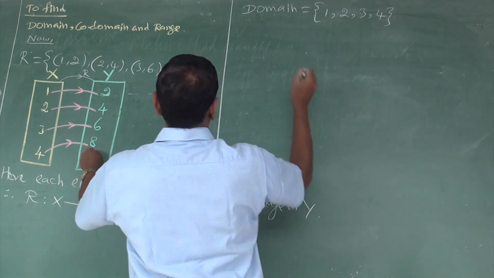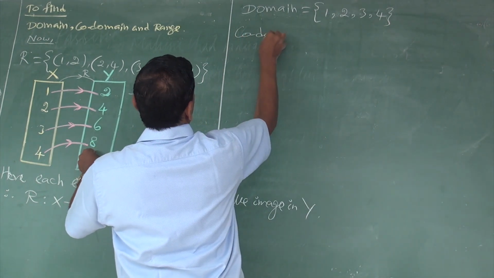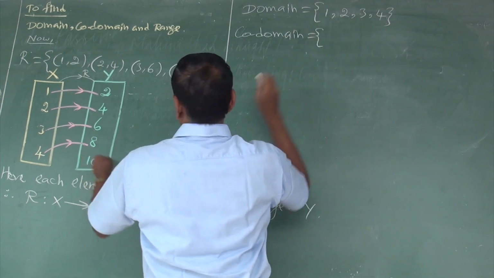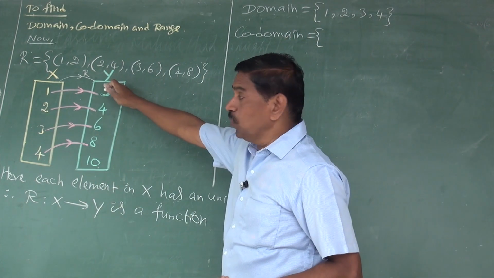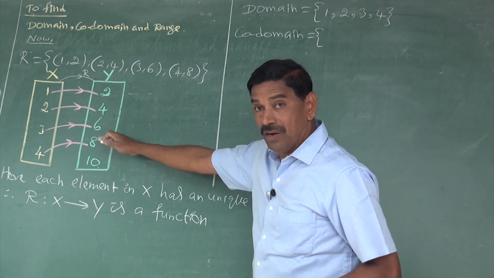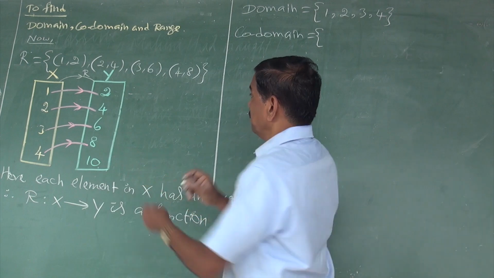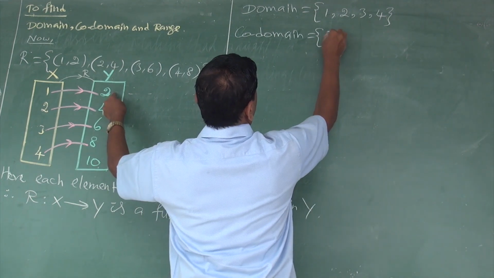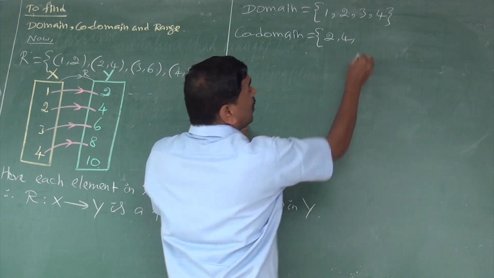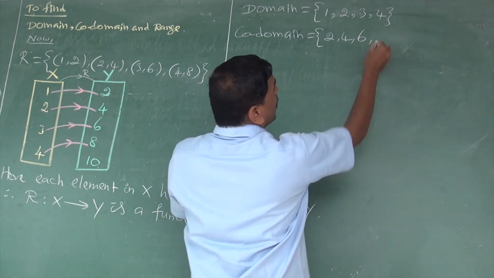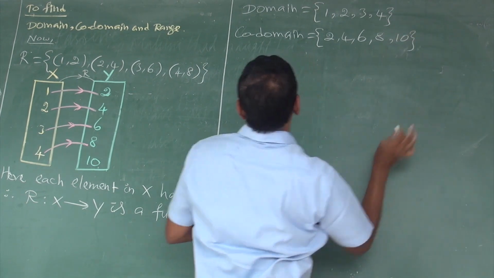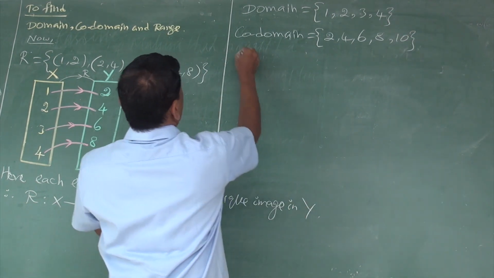So, codomain is equal to 2, 4, 6, 8, 10, including this 10. Complete the flower bracket.